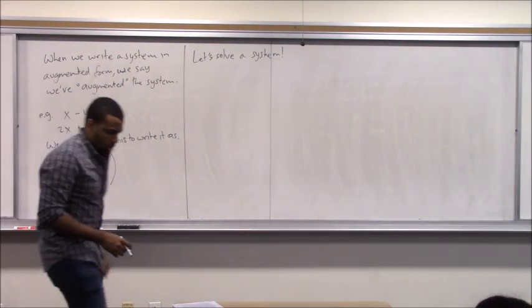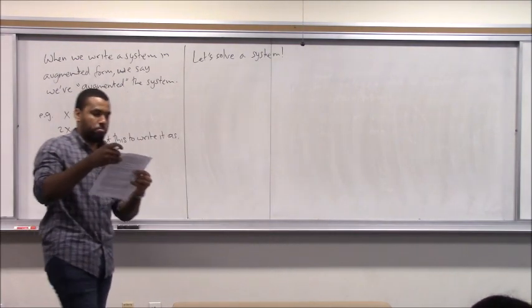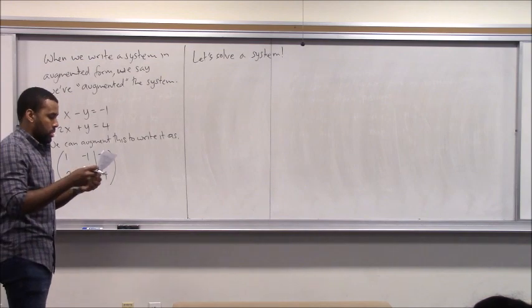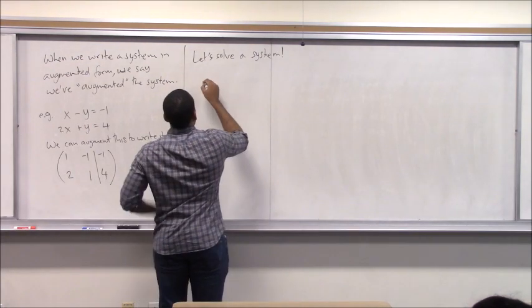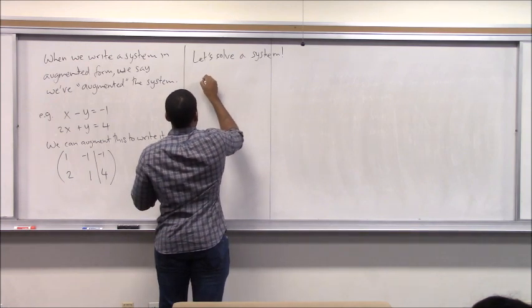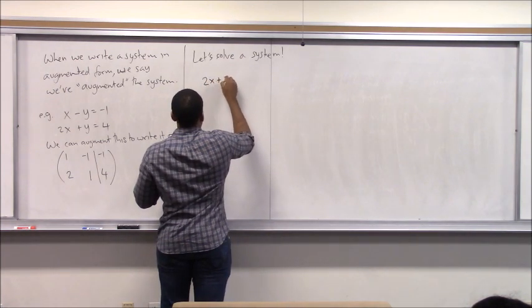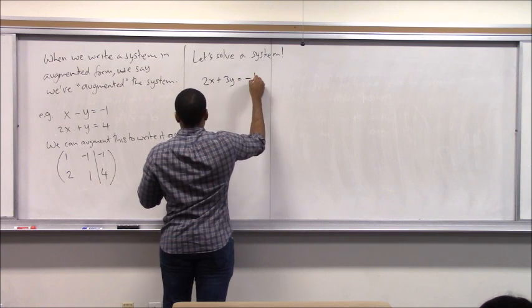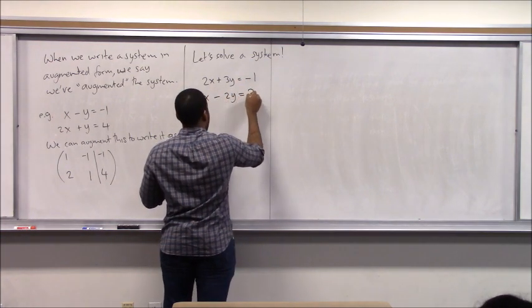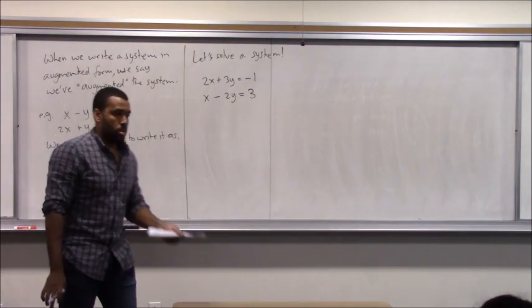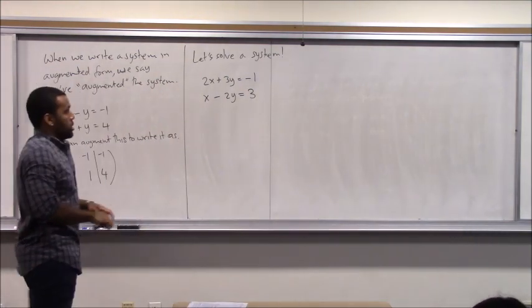Okay. Let's actually solve the system. Now, let's look at 2x plus 3y equals minus 1, and x minus 2y equals 3.